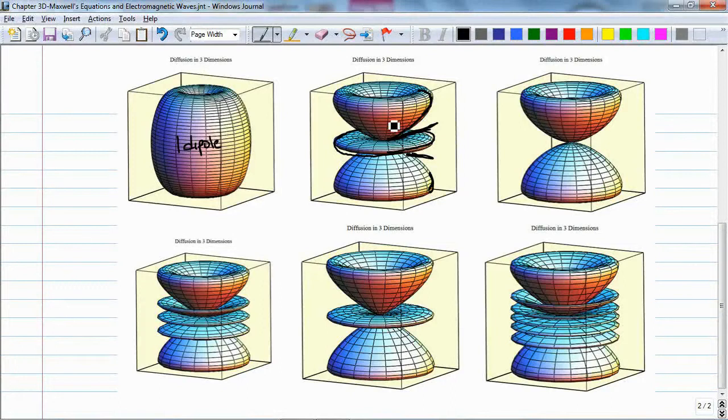So the strength is indicated by how far away from this central axis we are. And notice that depending on the number of elements, you can get all sorts of different wave shapes. Some of these look similar, but notice that the one above is a little bit thicker here, and these sections are a little more rounded between the two.